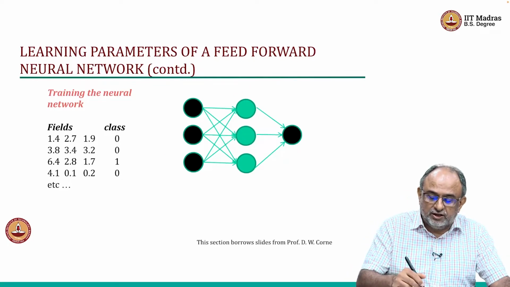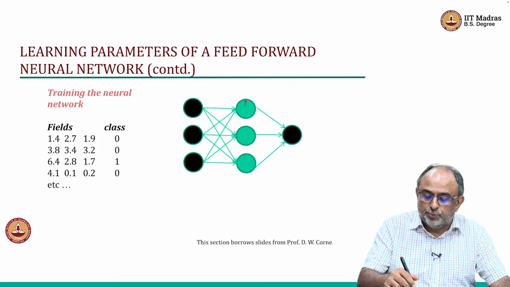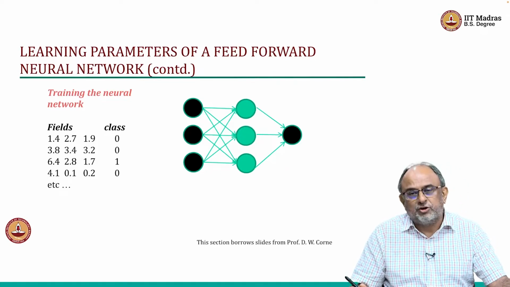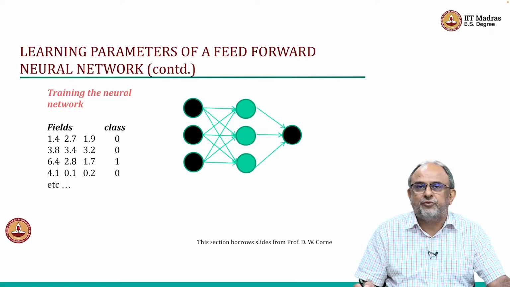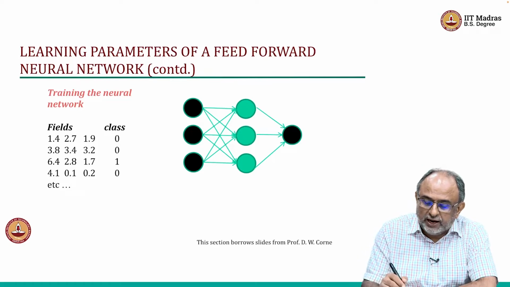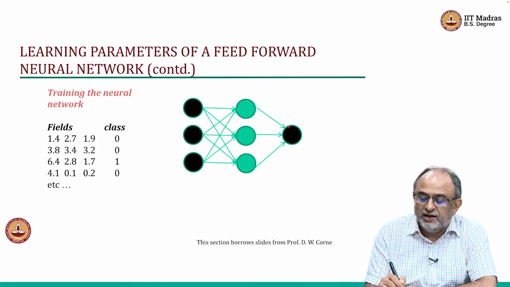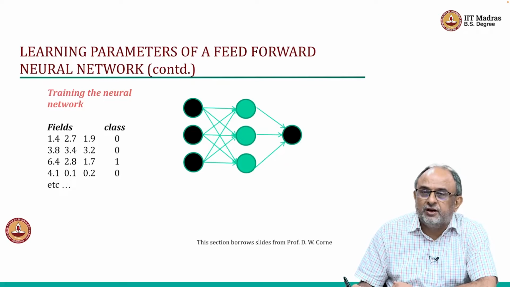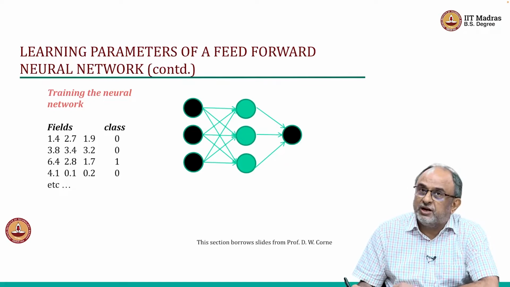Then there are nodes that take a linear combination of the inputs and apply a non-linearity. That is what we call a hidden layer. The outputs of this are again linearly combined, and we have an output here, which is again non-linear.